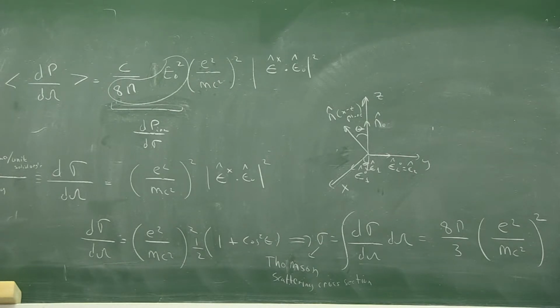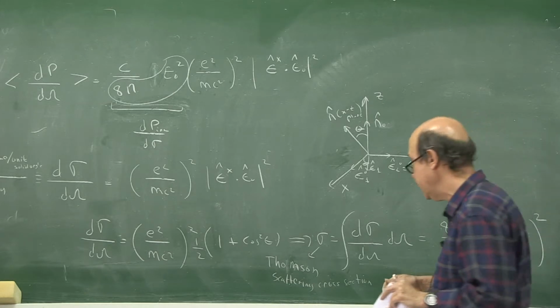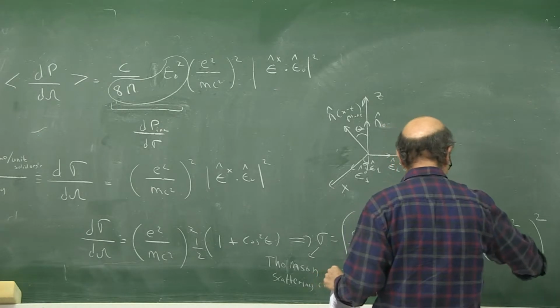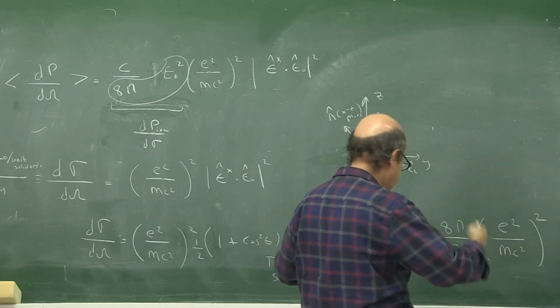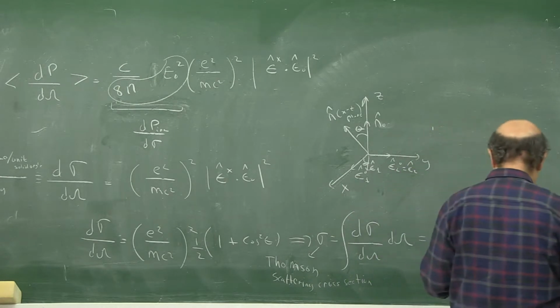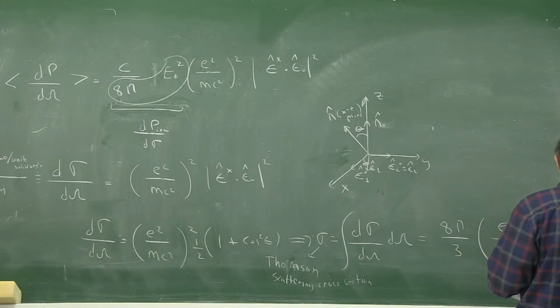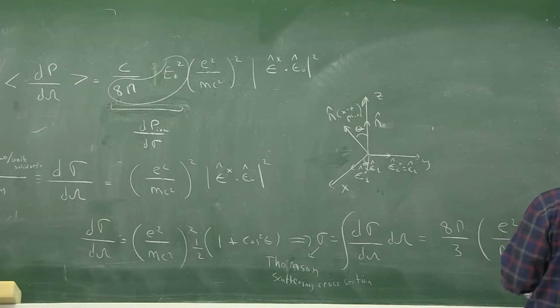They have polarization, and new satellites such as the Planck satellite, built by the European Space Agency, measure the polarization of the cosmic background radiation. This is proportional to the square of the classical electron radius, and the number is 0.6 times 10 to the minus 24 centimeter square.